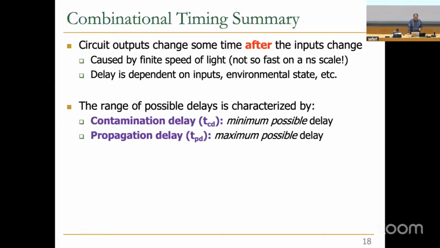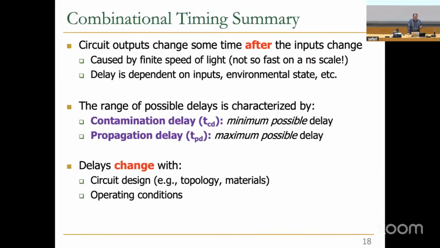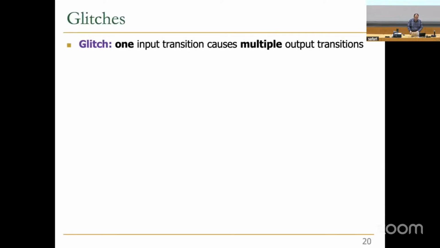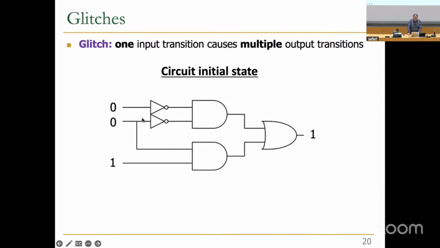So, this is a summary of what we have discussed already about these delays. Now let's also quickly take a look at glitches that we briefly talked about. A glitch is when one input transition causes multiple output transitions. So here is an example.